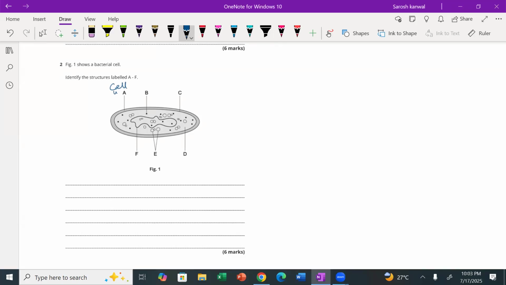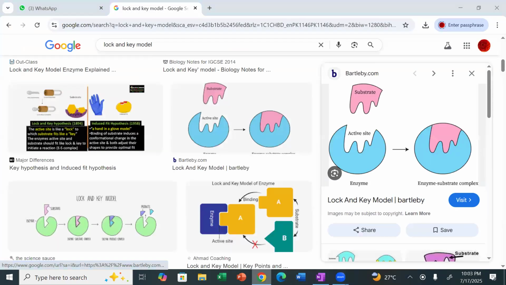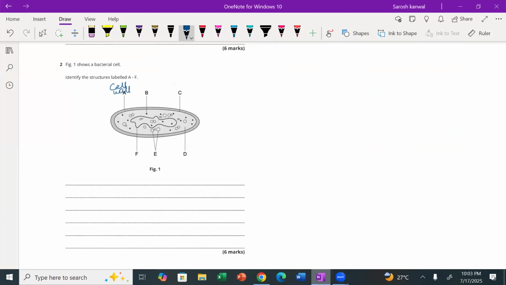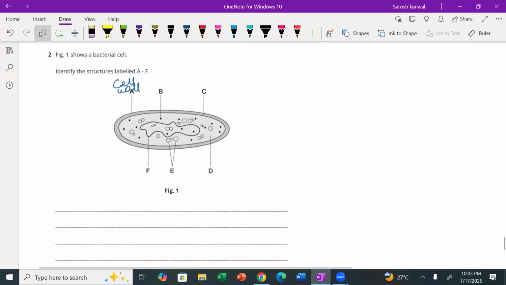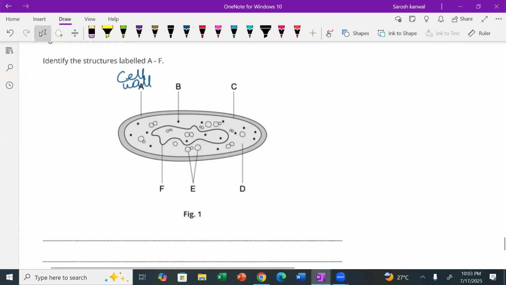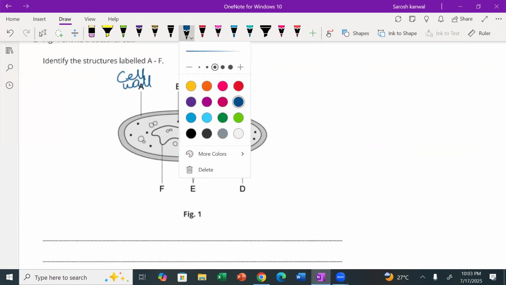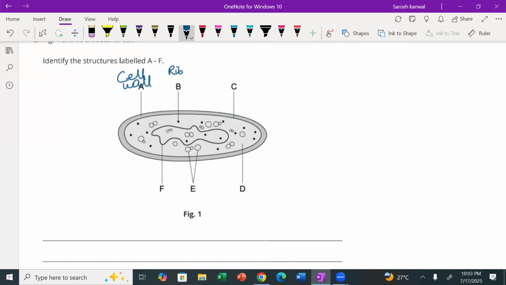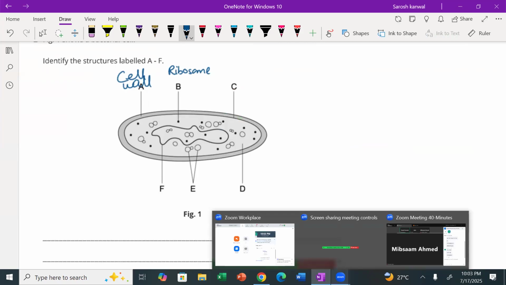I'm going to label it here. Cell wall. What about B? B is cytoplasm. No, you see that here they have labeled this B, so it's actually the ribosome. It's ribosome, right? What about C?